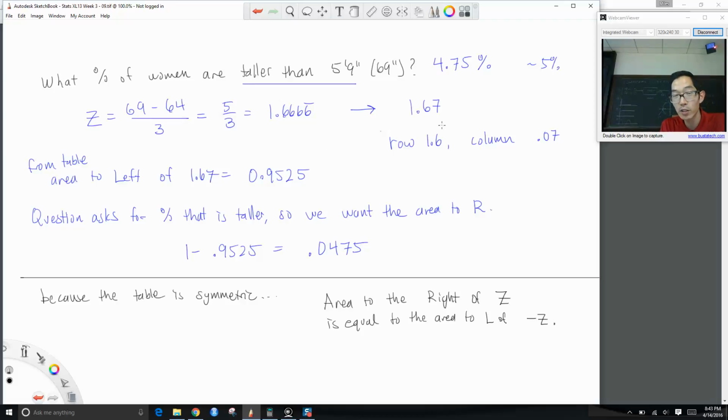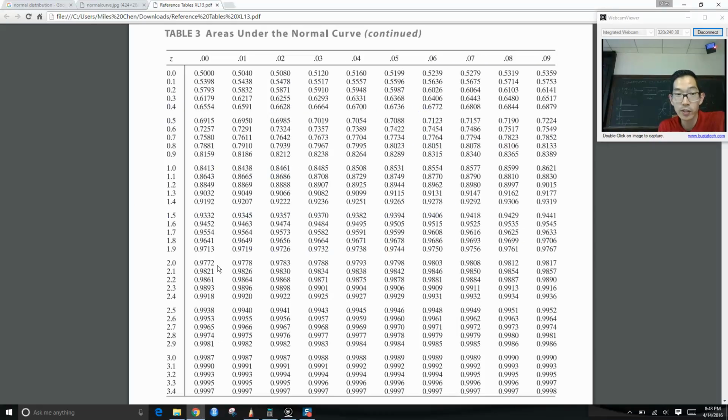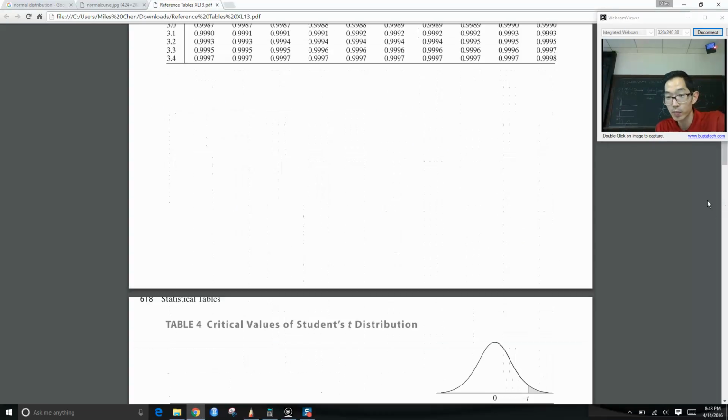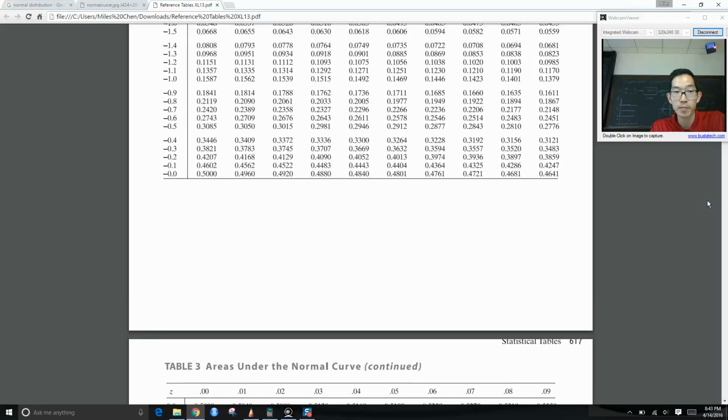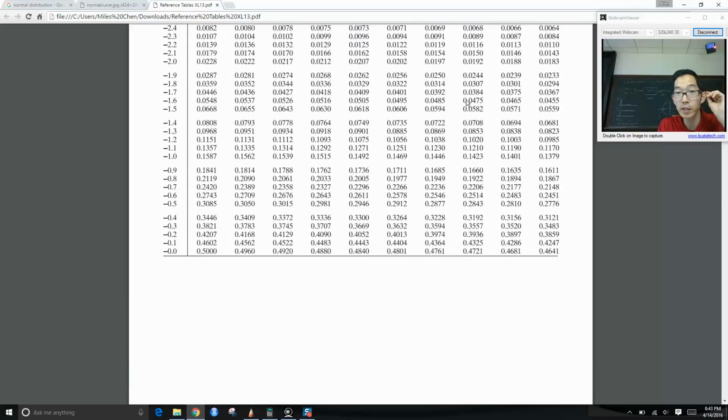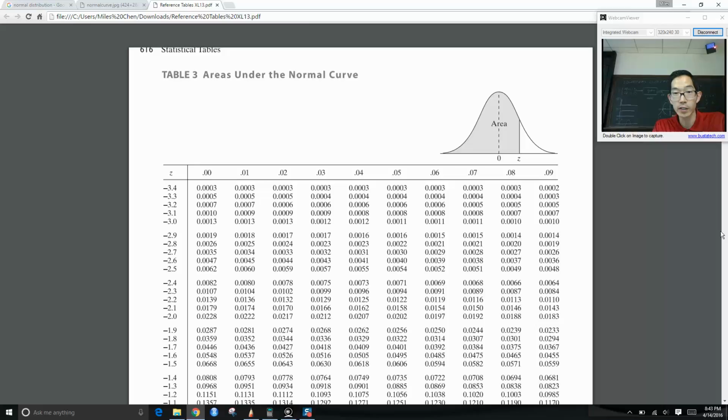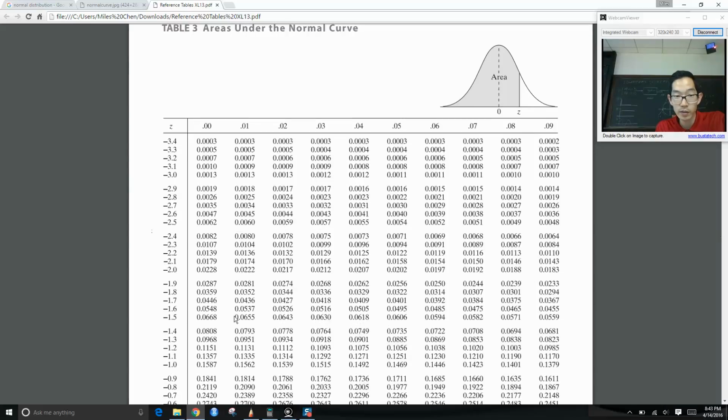When we wanted the area to the right of 1.67, we got 0.0475. If you look up negative 1.67, you would see we get 0.0475 there as well.